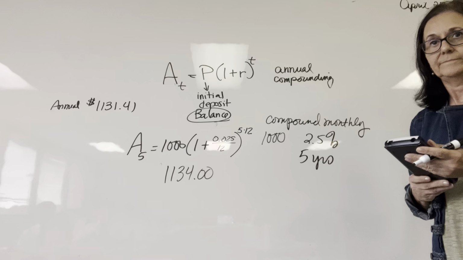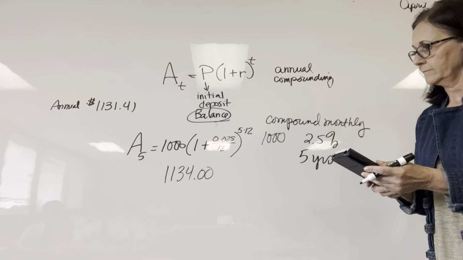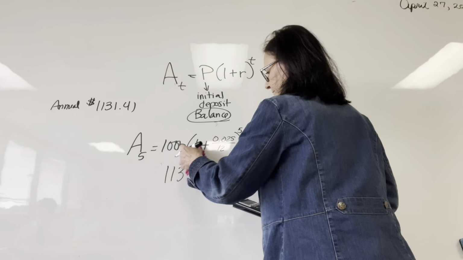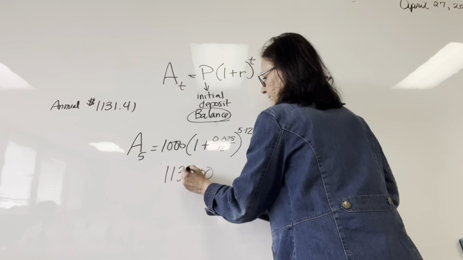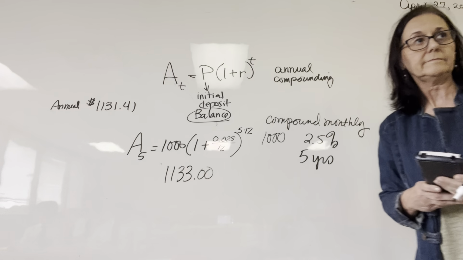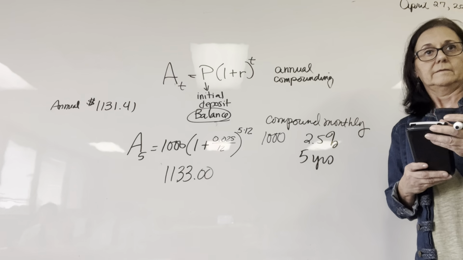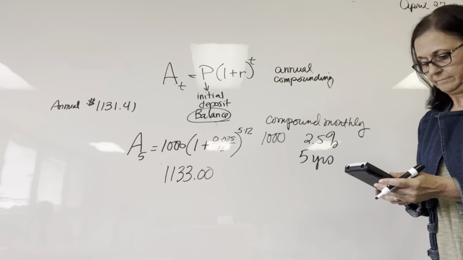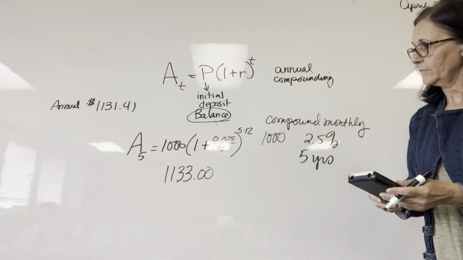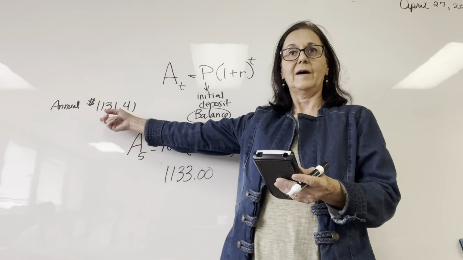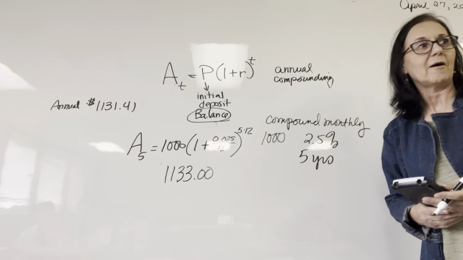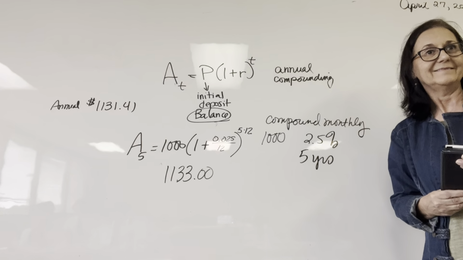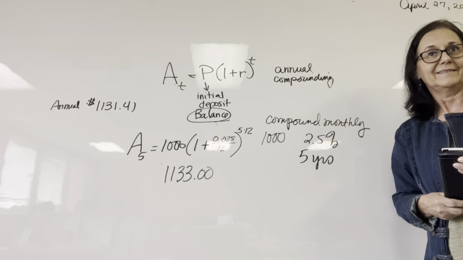No, it's 1133.00. I got the same number that we got last time. I'm getting a little more if they compound it monthly, huh? Well, $2.